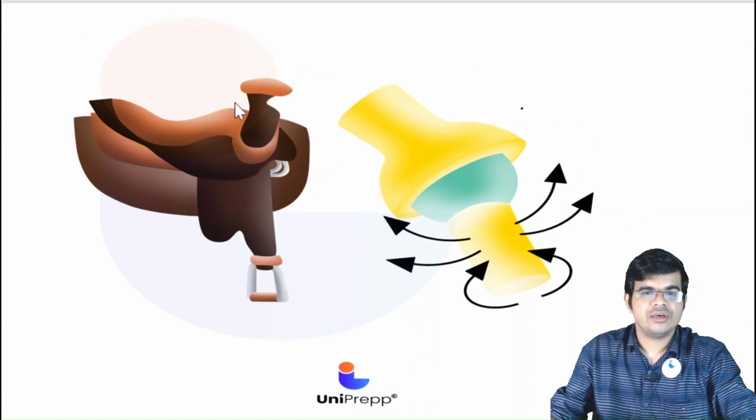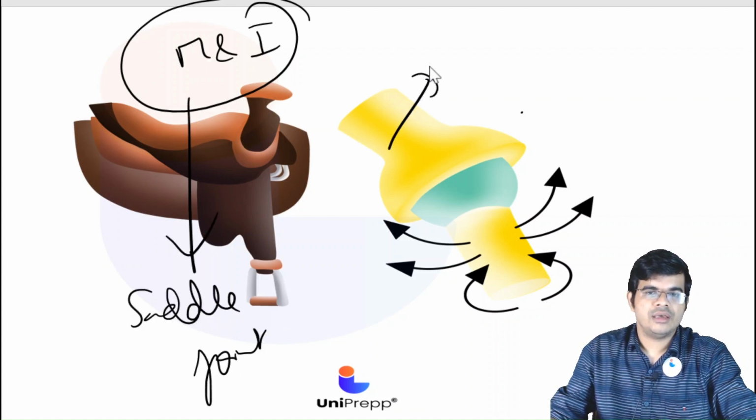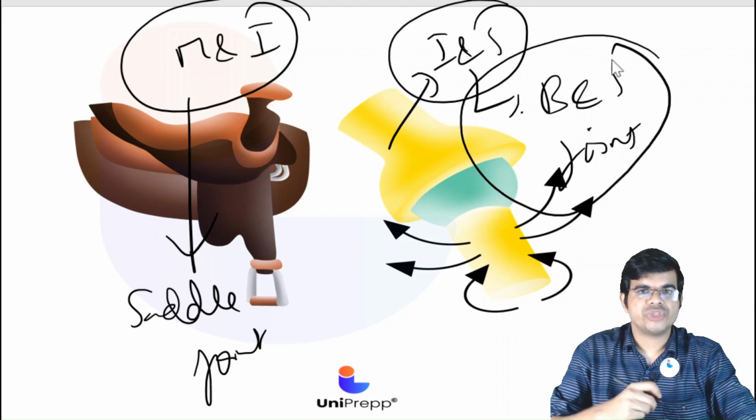So you can see here the malleus and incus form a saddle joint, and the incus and stapes form a ball and socket joint. Okay, this is a very important question because it is asked as an MCQ multiple times.